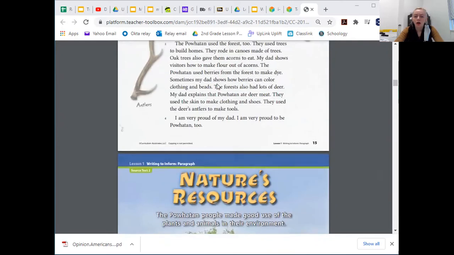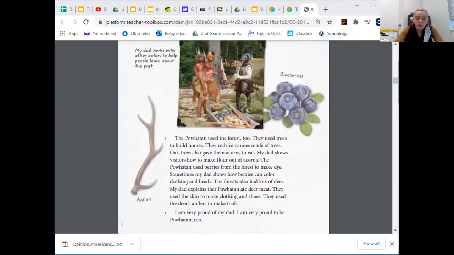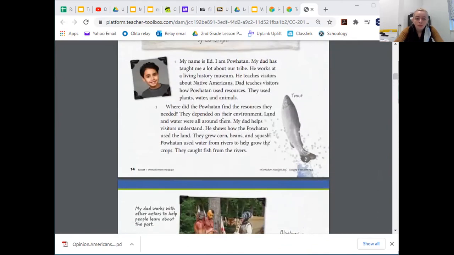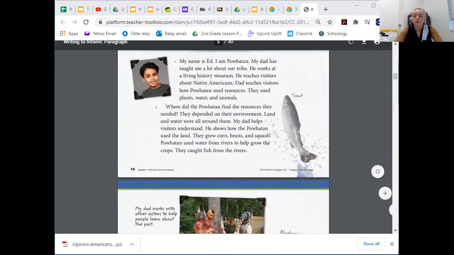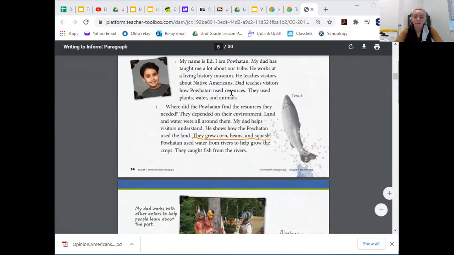And what about our other source? Let's see where they talk about corn. Okay, right here. Annotate again. He shows how the Powhatan people used the land. They grew corn, beans, and squash. Okay, so they grew corn.